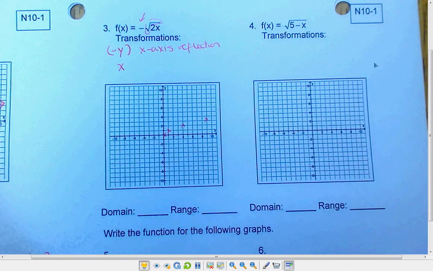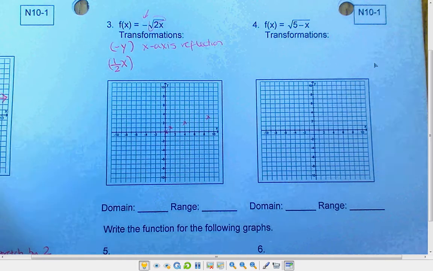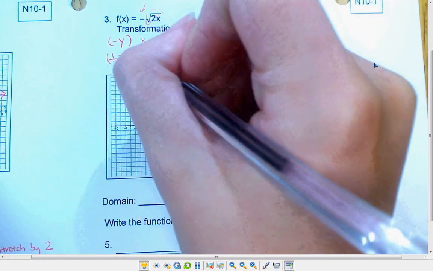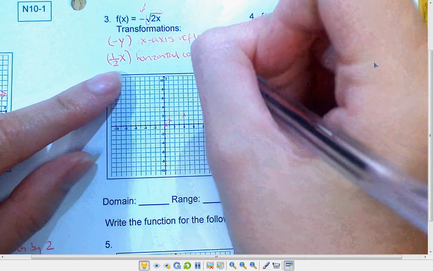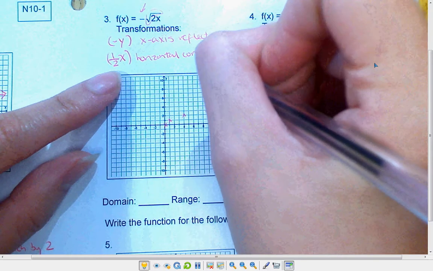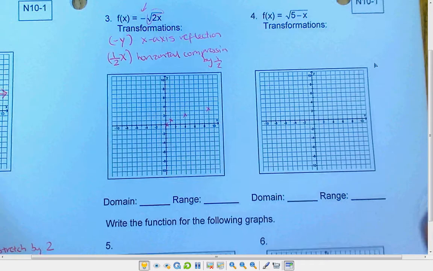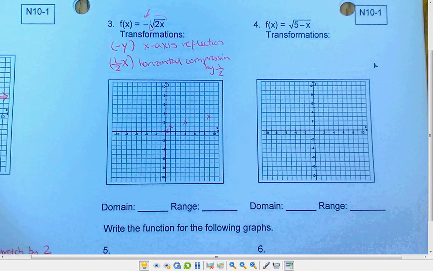So instead of multiplying by 2, we're actually going to multiply by 1/2. So it's an x, so it's horizontal, and it's actually a compression by 1/2. So x-axis reflection, horizontal compression.